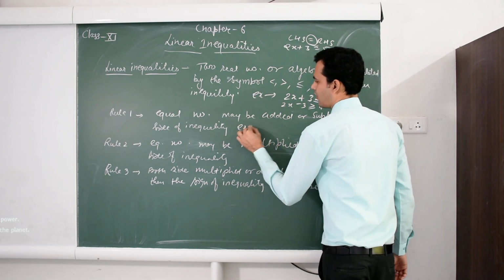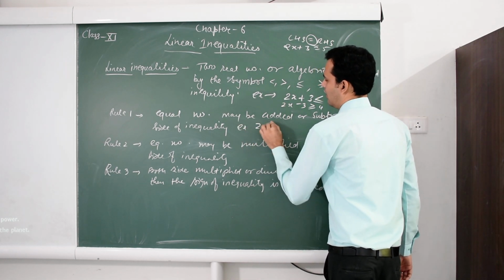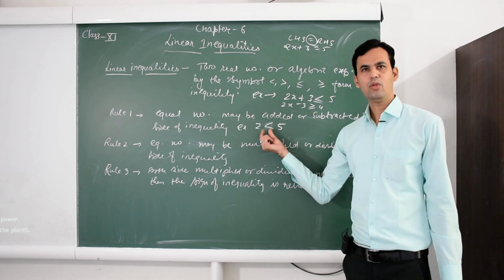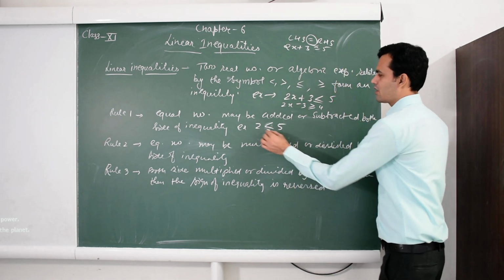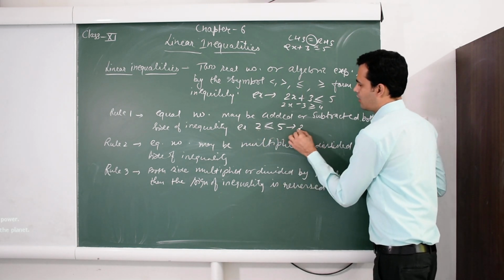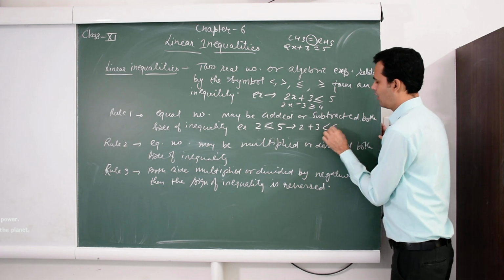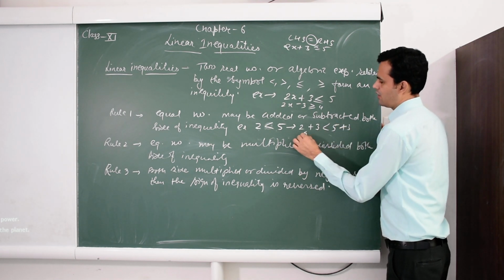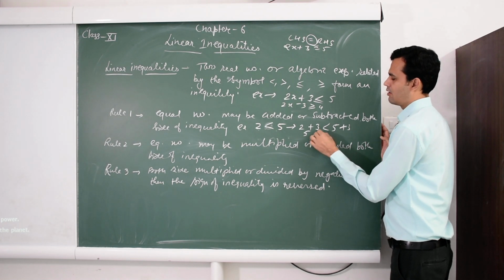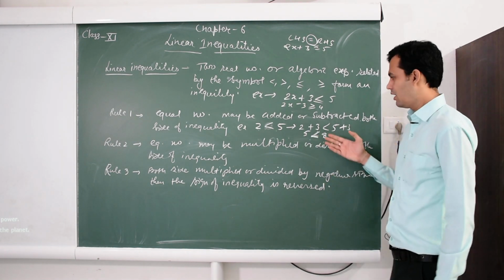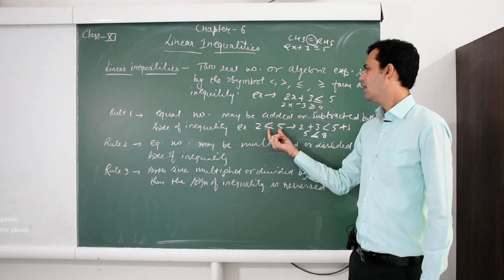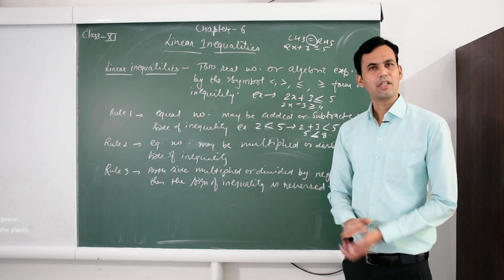Just like if we have 2 less than 5, this is an inequality. Both sides we add the same number or subtract the same number. Just like 2 plus 3, 5 plus 3, so it is 5 less than 8. No change in this condition, 5 is also less than 8. So we can add or subtract any number on both sides.